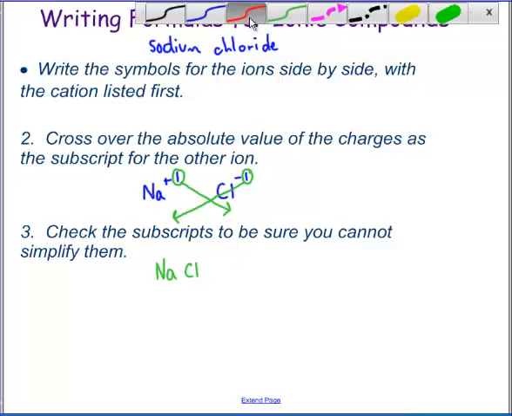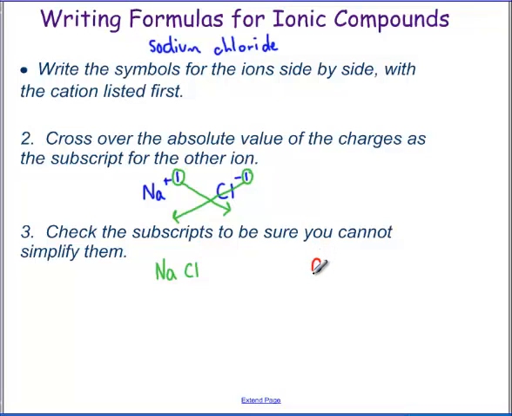Now, if I were to have crossed something over and it would have looked like this, let's say Ca4O2, I'm making one up. If I cross those numbers down, I always want to make sure I can't simplify these just like I would simplify a ratio.